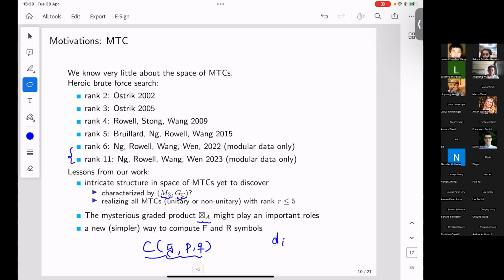Unitary MTCs must have all quantum dimensions bigger than or equal to 1. But they are still real, even for non-unitary? Yes, they are real numbers. But they could be negative, for example. They could be negative and also smaller than 1. Yeah, exactly. Okay, thanks.